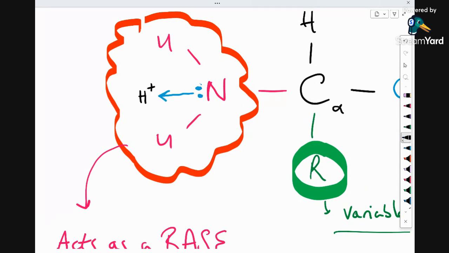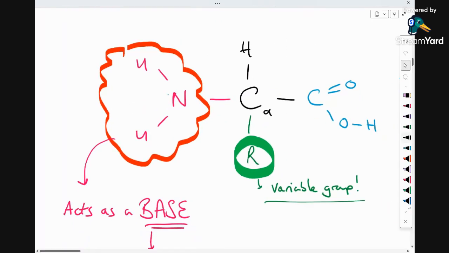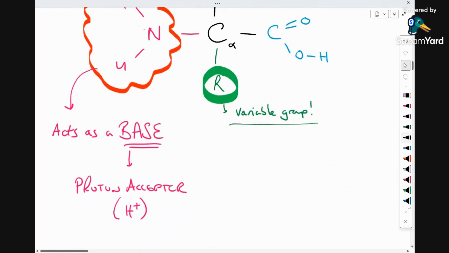The dative covalent bond, hopefully you remember from the biochemistry stuff, basically just means that the electrons used in that covalent bond originate solely from that nitrogen atom. It's not that hydrogen is providing 1 electron and that nitrogen is providing 1 and they're sharing those. Nitrogen is providing both electrons here. Hydrogen doesn't have any because it's a proton. So that's all we mean by that. But that's essentially how it's going to do it. So I'm just going to get rid of that for now. But if you want to just learn that it's a base and it accepts protons, that's absolutely fine.